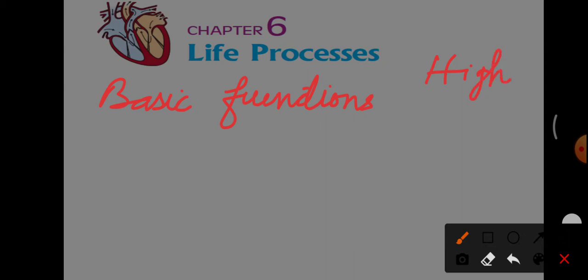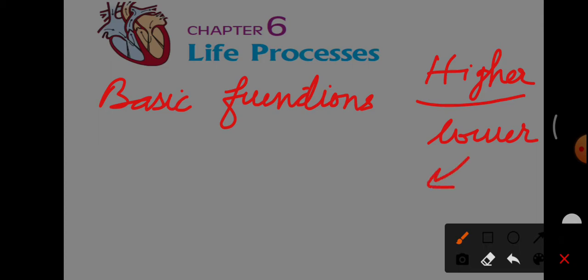They have to do some basic functions to keep themselves alive, to lead a life. Irrespective of the level of organization, be it a higher or lower organism or even a microorganism, the basic things go like this.